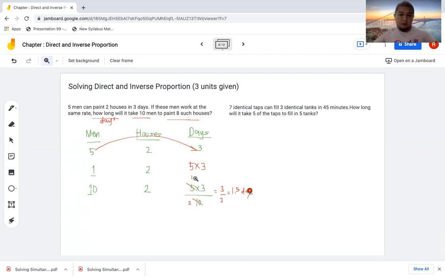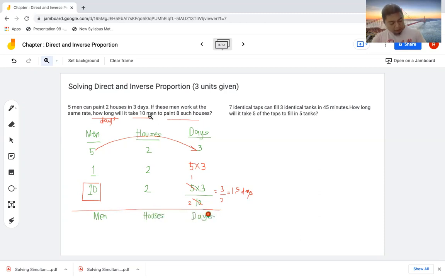So since we got 1.5 days here, our next job is to change the number of houses, knowing that the number of men has been answered already. So what you need to do next is, again, make another table, and this time we are going to focus on the houses.